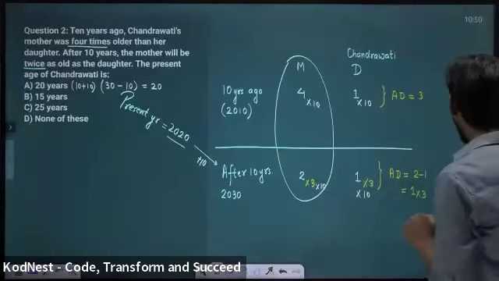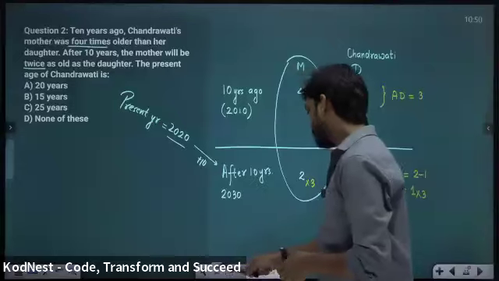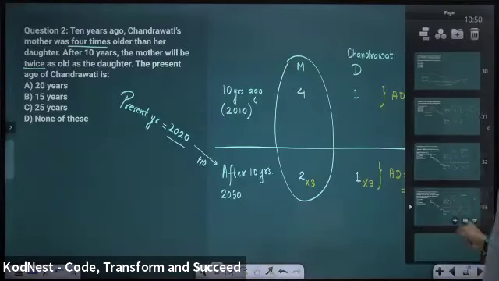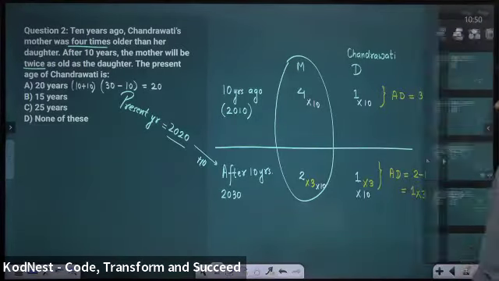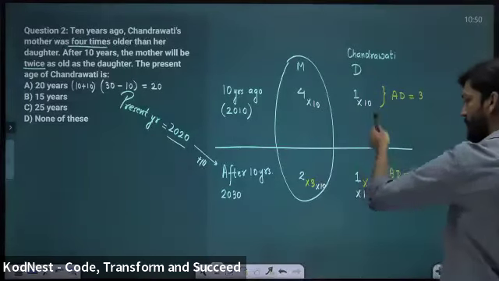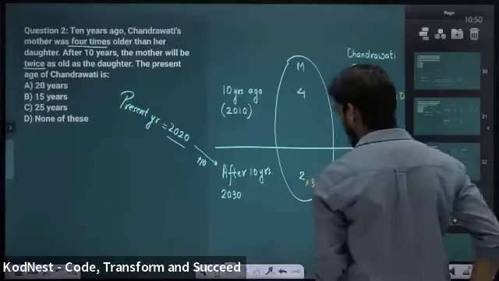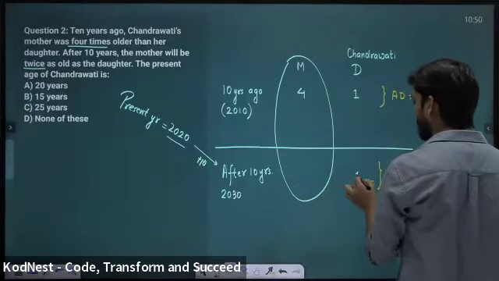Now, second way. The second way is this. There you directly thought what should I multiply so that the difference becomes 20. Now here we will think this way. 2 into 3 and 1 into 3.